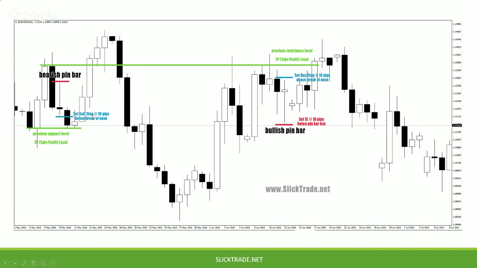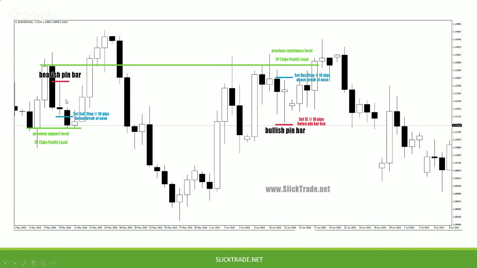We're setting a sell stop at 10 pips below the break of the nose. So here's the nose, so 10 pips below that, see this line here, is where you're going to set a sell stop. If price on this next candle reaches 10 pips below the break of the nose, the trade will become valid and be filled.